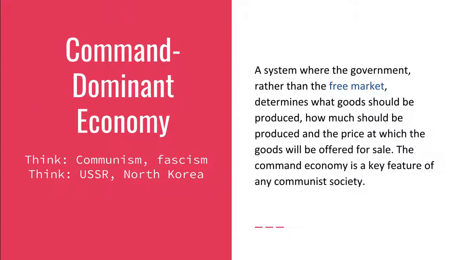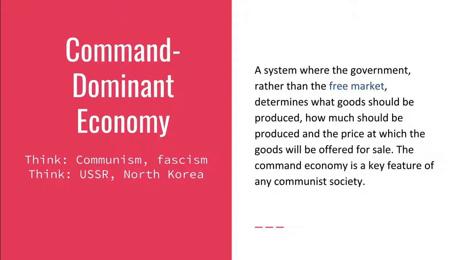Okay, so let's talk about the supposed opposite, a command-dominant economy. The most famous example of this was the Soviet Union in Russia, where they had communism. However, it doesn't just have to be communism. Fascism is the same. So they also control the government.